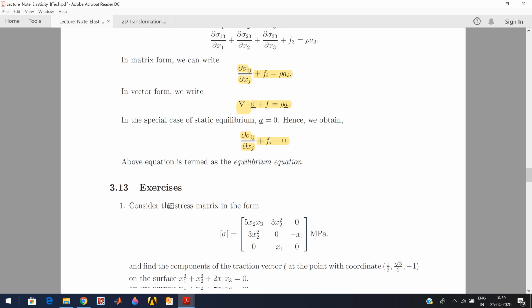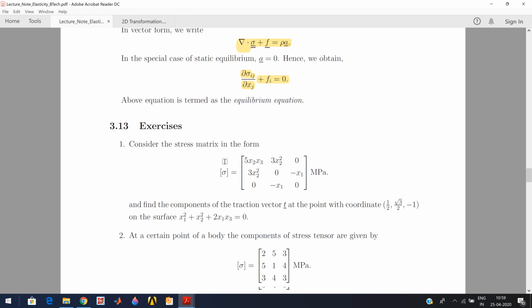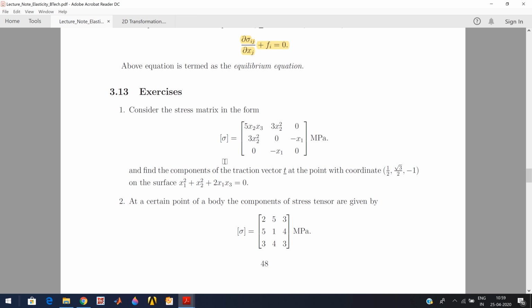All right, so now we have these exercises. I will suggest you go through these problems and solve them on your own. If you have any doubt, you can ping me. I'll try to help you as much as possible.